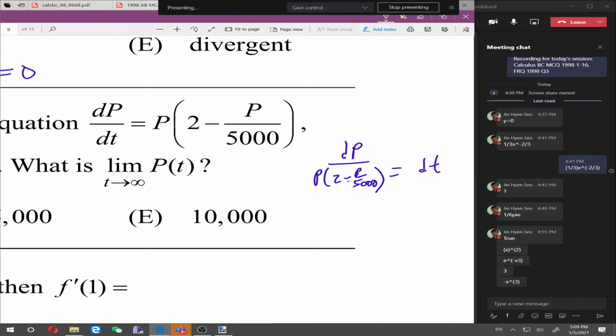So if I wanted to do that, this would become something like this. I have dp over p times 2 minus p over 5,000 is equal to something over p plus something over 2 minus p over 5,000 equals dt.